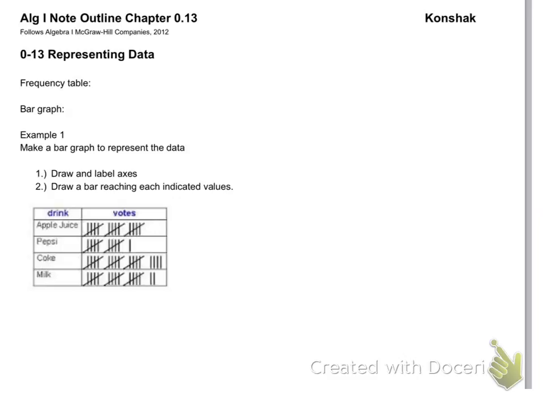Now, a frequency table, guys, is this thing. It just lists things with tally marks. So the more marks you see, the more frequent it is, and then you can count up your frequencies.